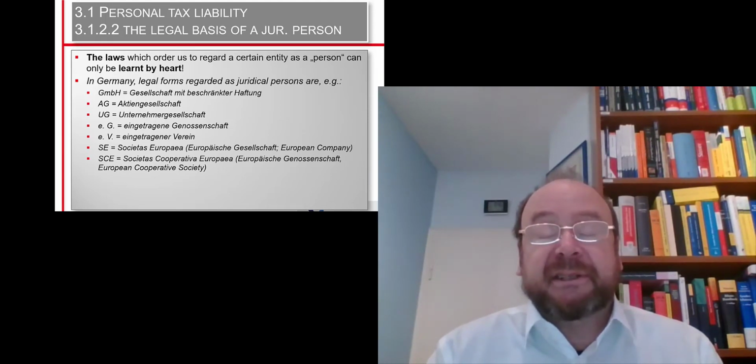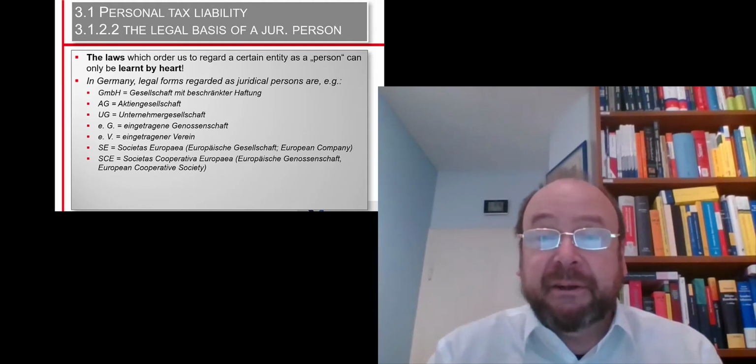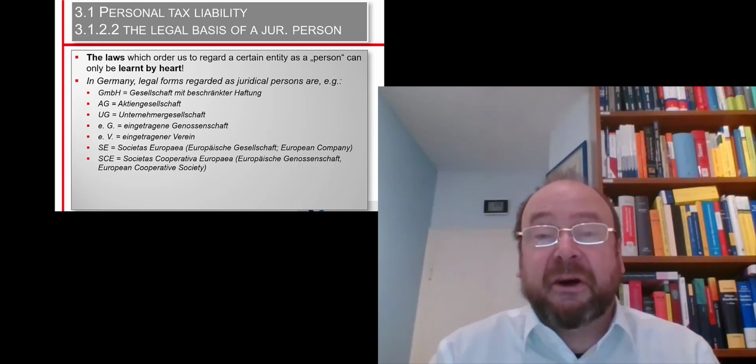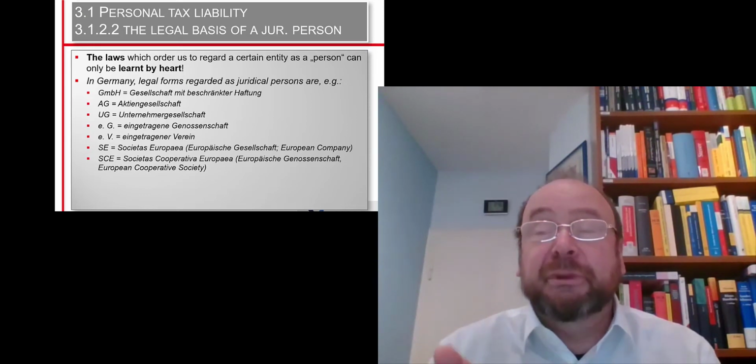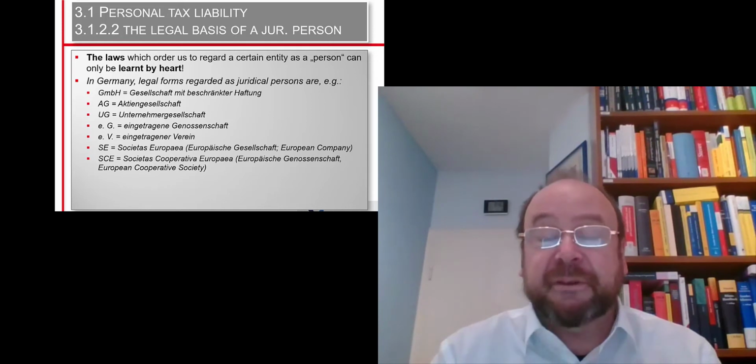Now the problem is that naturally every legislator, every state can only issue laws which are binding on its own territory. So the US parliaments cannot order the Germans to believe something. They can try, but they will have no success.